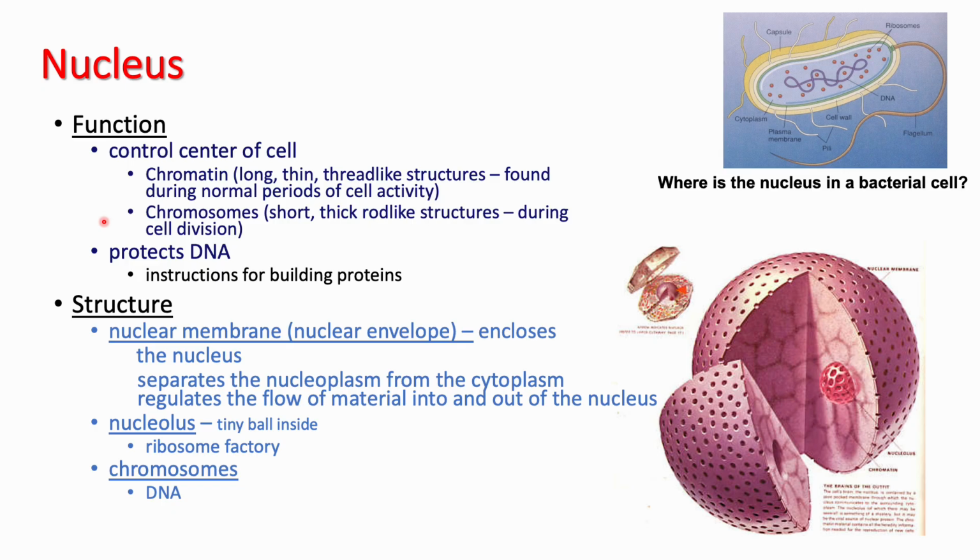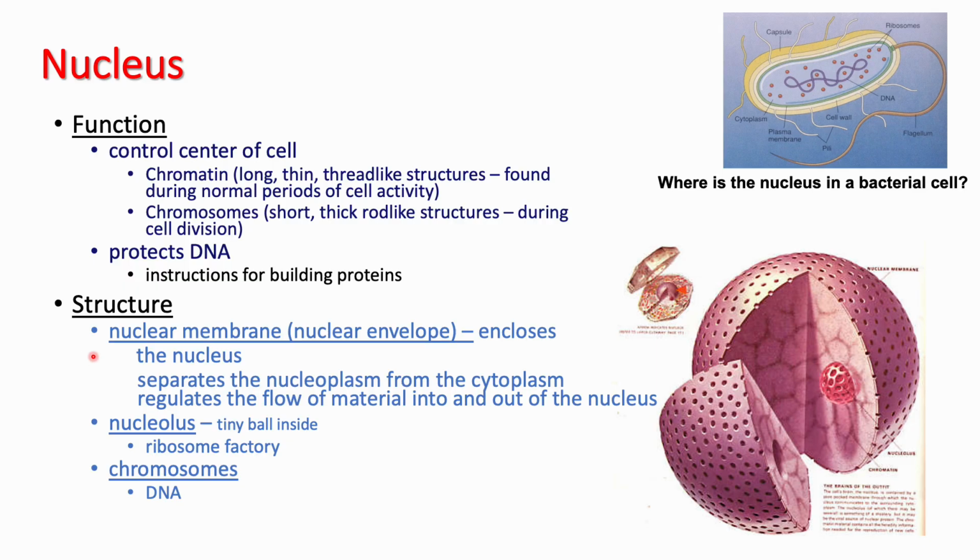The chromosomes are when the chromatin starts to coil up and gets tighter and tighter to make what we call that X-shaped chromosome, and that happens during cell division. The nucleus is going to protect the DNA. Remember, in bacteria, there isn't a nucleus, so the DNA is just found within the bacteria cell.